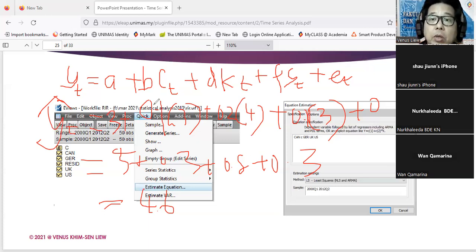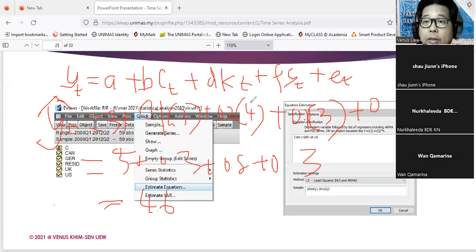If your research objective is to find out whether there is any long-run relationship between interest rate and GDP, then you use co-integration. So it all depends on what you want to examine. Then your technique is different.